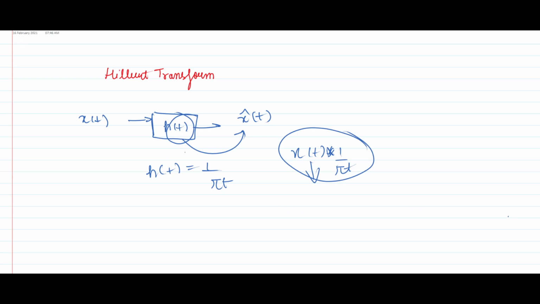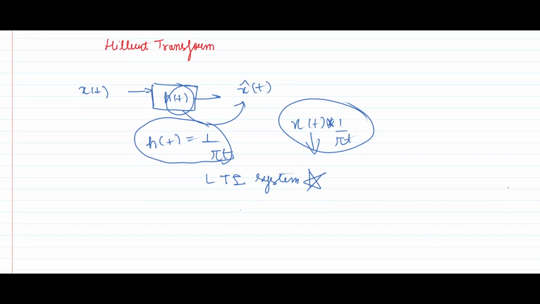So some of the basic things that you know about 1 upon pi t is that it is a linear time invariant system, first of all, LTI system, so therefore the convolution will take place. And the other important thing is that it is a non-causal system. Non-causal, I always make a mistake in this, that I consider it as a causal system. So it is a non-causal system.